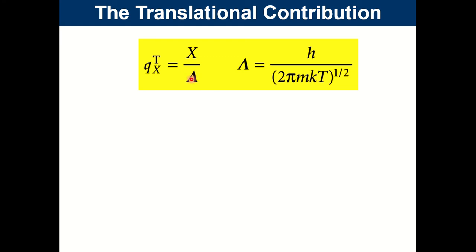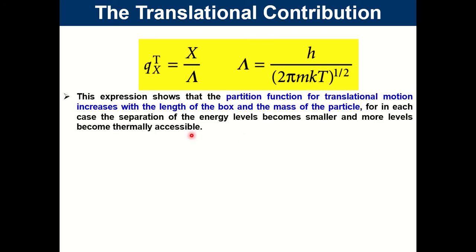So x by lambda, capital X by capital lambda, where this is the expression of lambda. This expression shows that the partition function for translation motion increases with the length of the box and the mass of the particle. If you increase the mass of the particle, lambda decreases, and the partition function will increase. Or if the length of the box is increased, it should increase also.